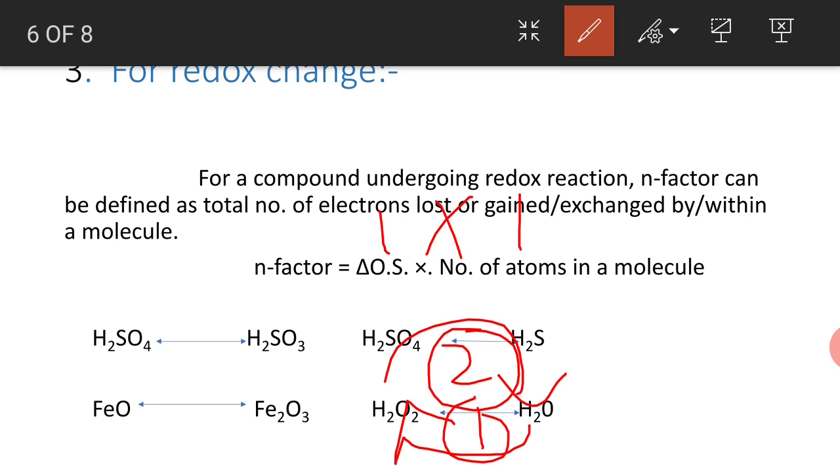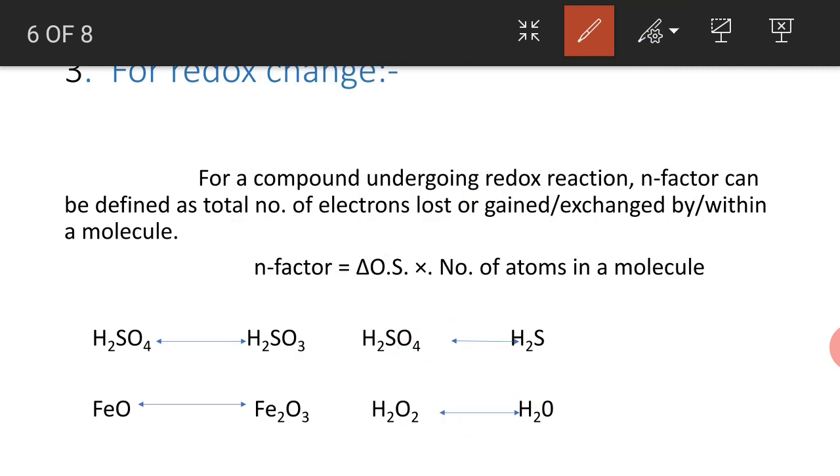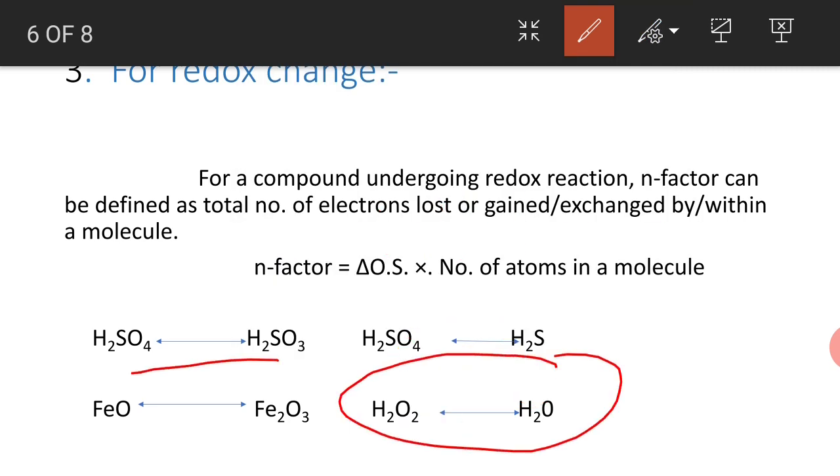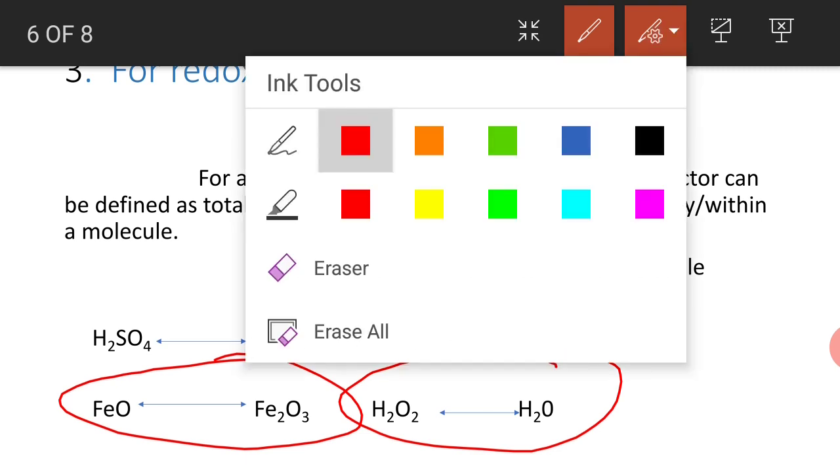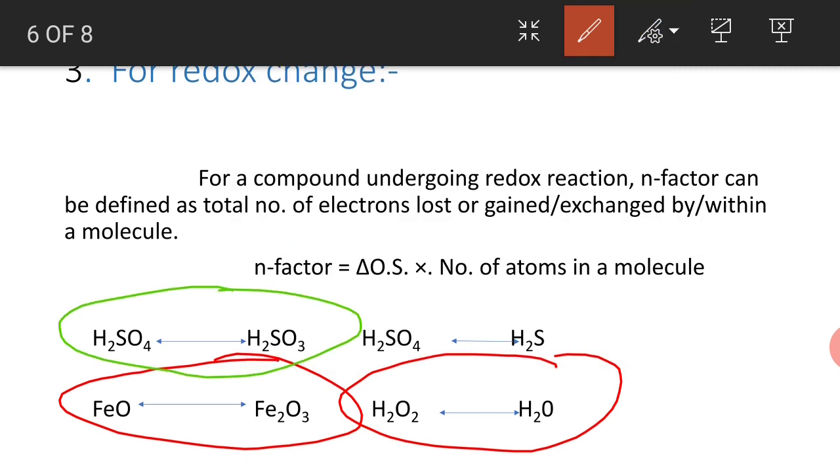So in this case, the N factors for the forward and the backward reaction are different, but for these other reactions, the N factors for forward and backward are the same. So these examples tell us that it is not necessary that the N factor will be the same for all reactions of the same chemical.